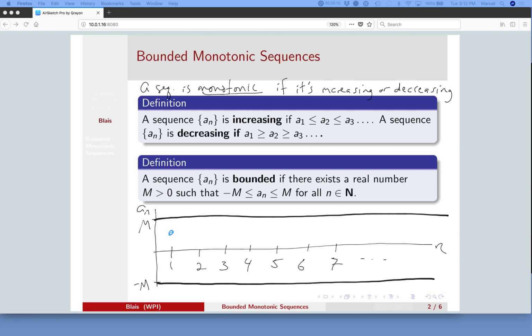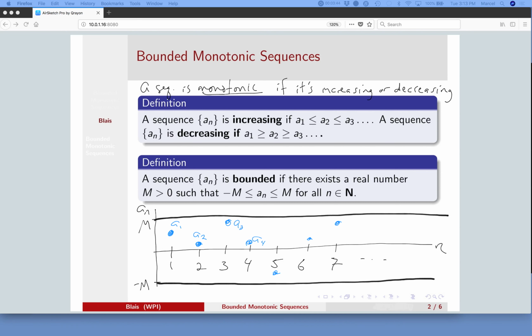They could be jumping around, but they are always in that band. So this would be a1, a2, a3, a4, etc. If this is true all the way down the line, that all these a sub n's sit below capital M and above negative capital M, then we say the sequence is bounded.